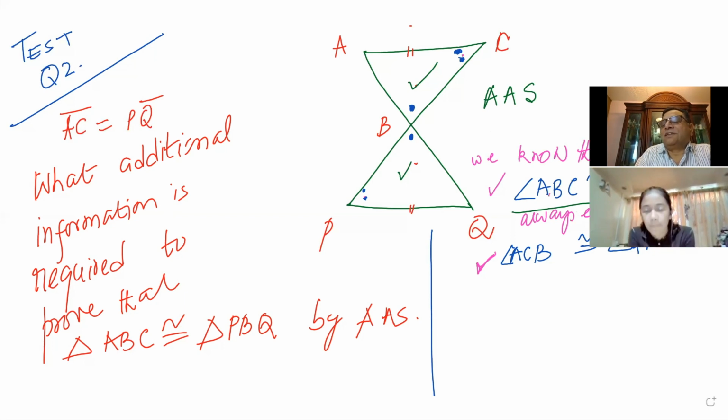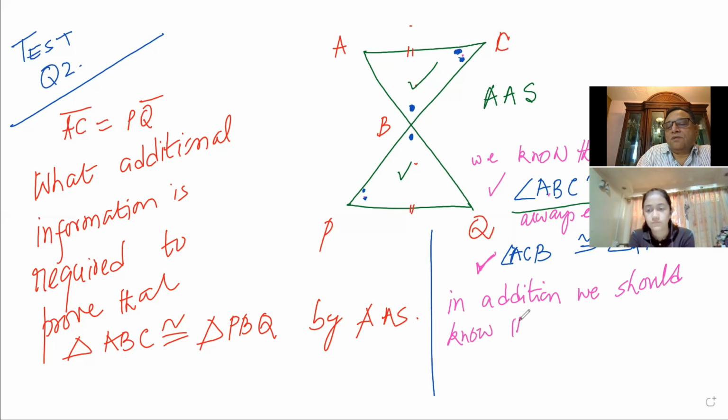They are vertically opposite. Is it okay? Yes. In addition, we should know that angle ACB is equal to angle QPB. Is it okay now? Yes.